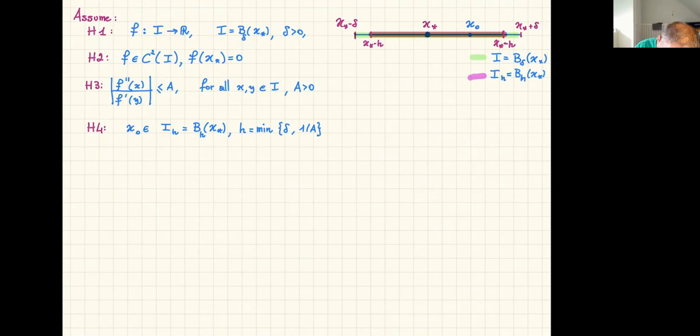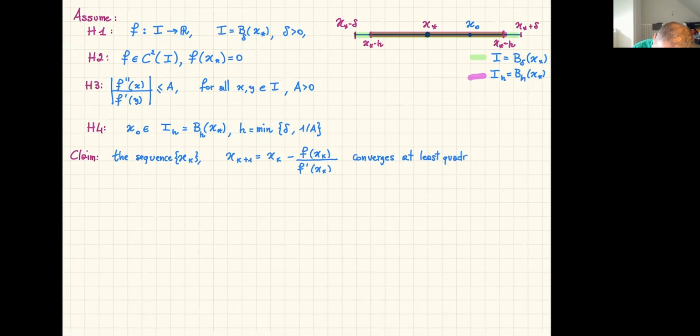What we aim to prove, so I'm going to write this now as a claim, is that the sequence xk, where xk plus 1 is obtained with Newton's method's formula, so that xk minus f of xk divided by f prime of xk, converges at least quadratically to x star.